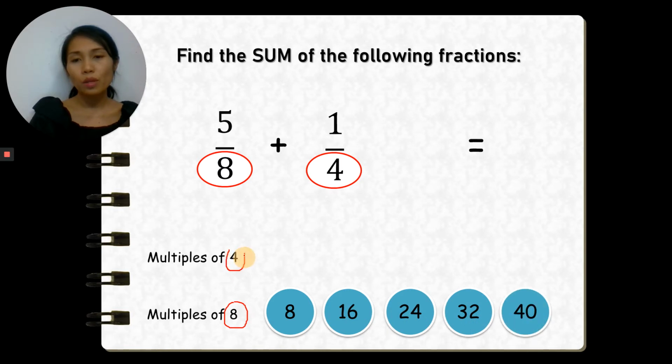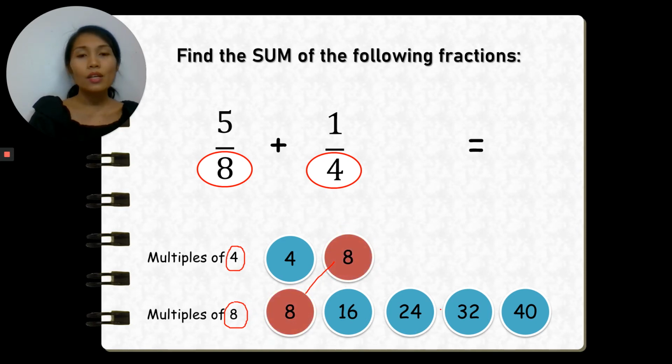Now let's proceed with the smaller denominator. 4, 8. Oops, you see they got common multiples already. So 8 will be the new denominator because the LCD is 8.